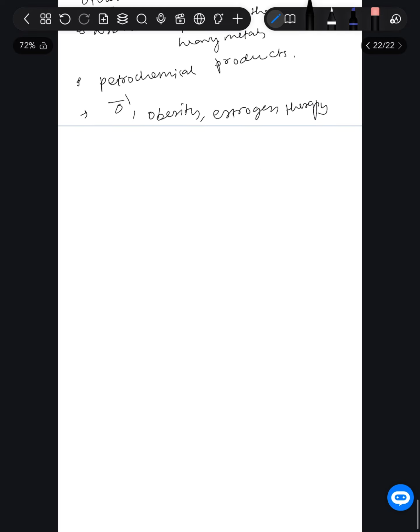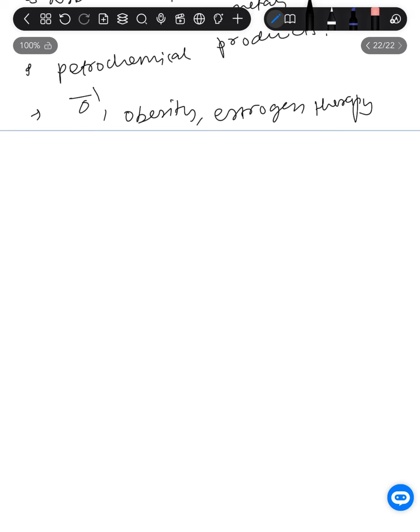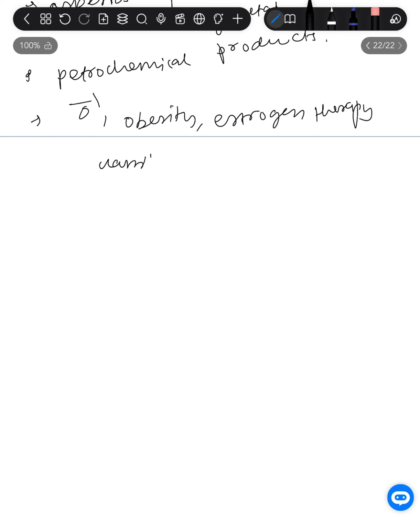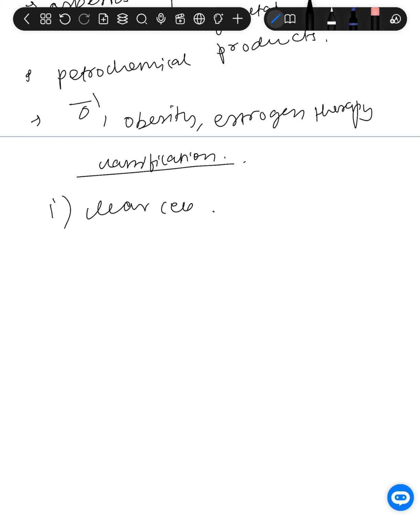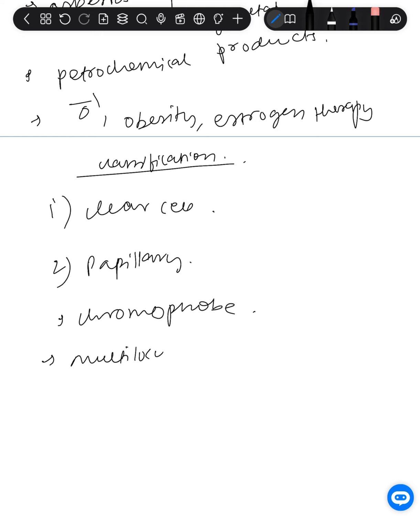Now moving on, we'll move on to the classification of RCC. As I told you, I just discussed the classification. First is clear cell carcinoma. Second one is papillary carcinoma. Then we have chromophobe. Then we have multilocular cystic renal neoplasm.